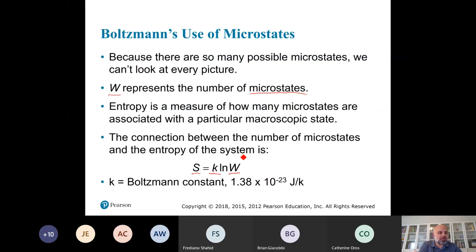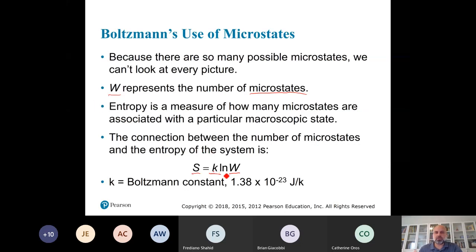If you have 2 microstates, you have 0.693 as the natural log, times the Boltzmann constant. If we have 4, the natural log of 4 is 1.38. So you have this proportional increase that occurs as you increase the number of microstates.